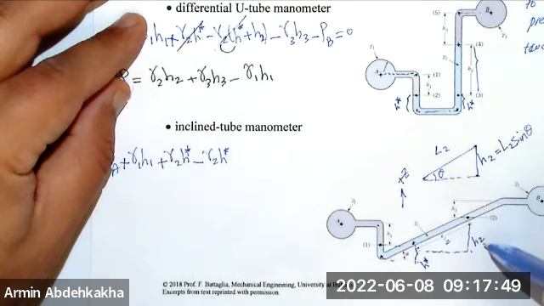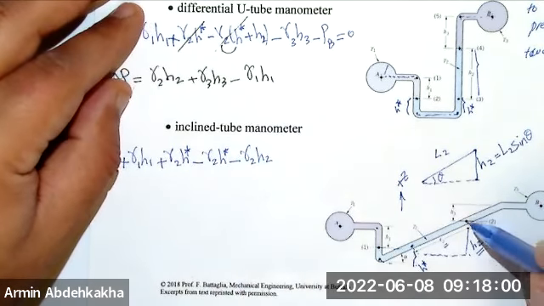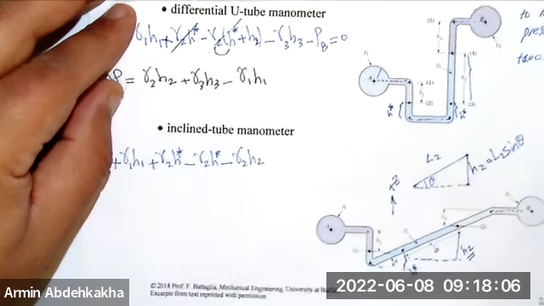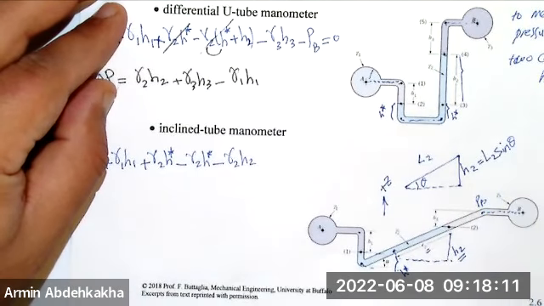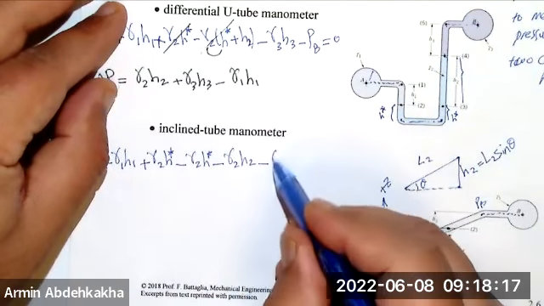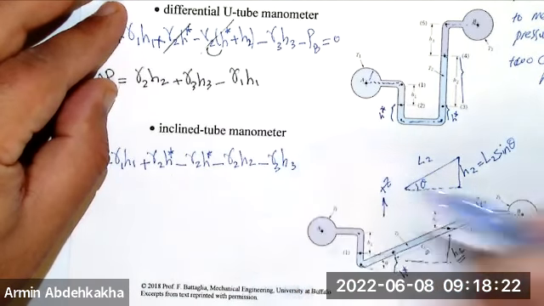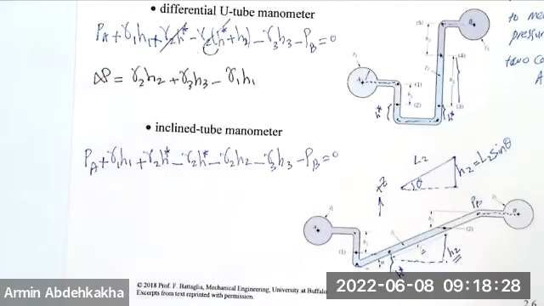From this point to this point, H2 is the depth change, so minus gamma 2 H2. You are here, then you're going to come there. Why? Because that's PB, and the rest of it is horizontal movement, so this is also PB, right? From here to here, you're moving upward, so minus gamma 3, and the difference is H3. Reach the minus PB, minus PB equals 0.